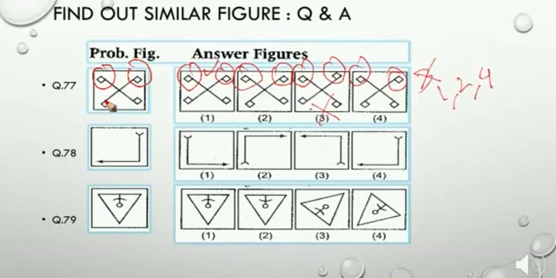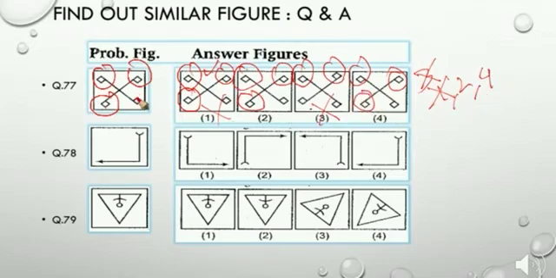Let's check further. Let's check from this angle. Is it available in option 1? No, it is on the other side in option 1. So option 1 also is ruled out. Let's check in option 2 now. In option 2, this portion is there, yes. In option 4, let's check. In option 4 it is there. So 2 and 4 could be the answer.